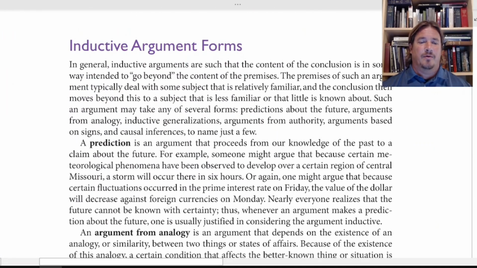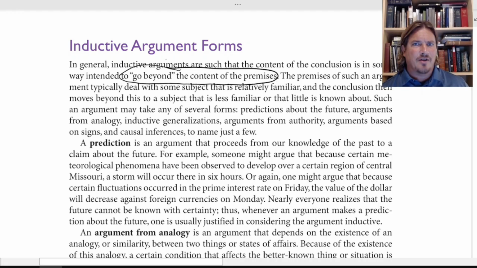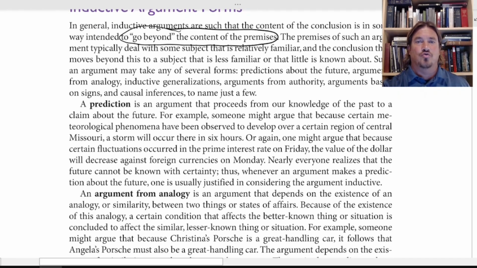Whereas inductive argument forms, in some way, Hurley says the conclusions go beyond the premises, right? So when I make an inference about traffic patterns, I'm basing it off the past, but I'm predicting something about the future. That's what the "in" part is, right? Remember, inductions read something into the conclusion from the premises. They don't just draw out.